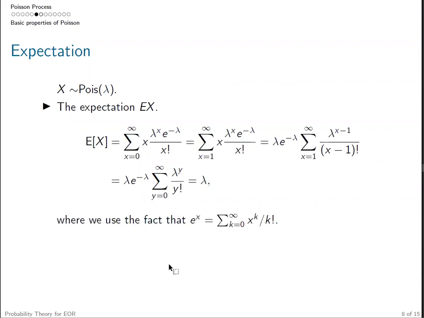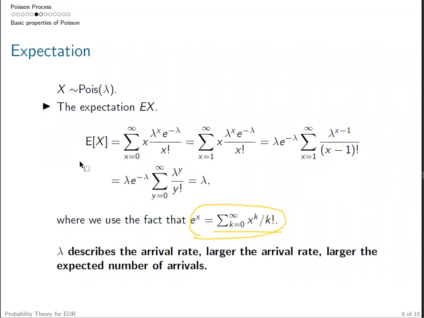Here we use the fact that e to the power x can also be expressed by the summation of this infinite series. Okay? The intuitive understanding for this result would be, well, lambda describes the arrival rate.